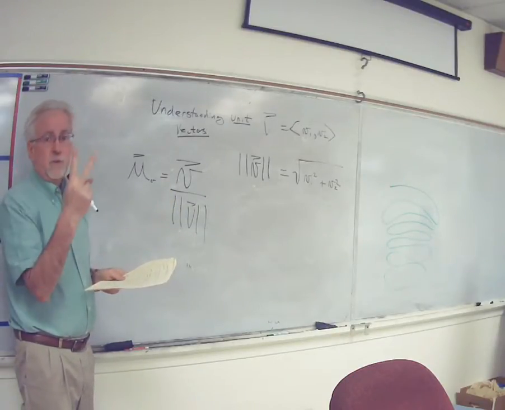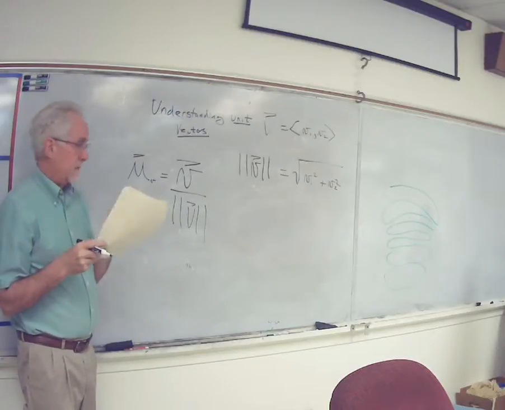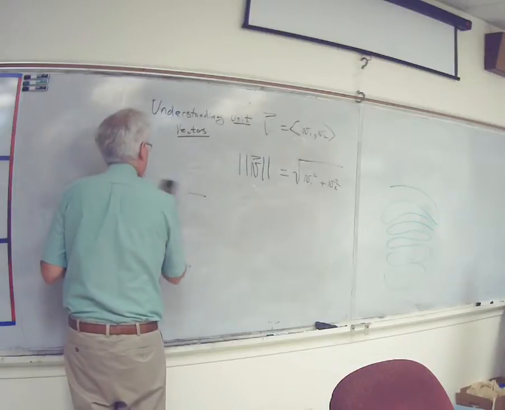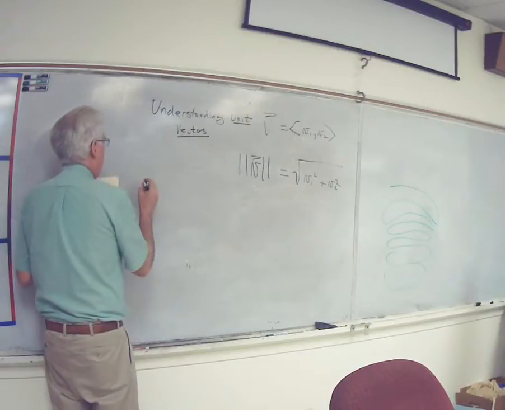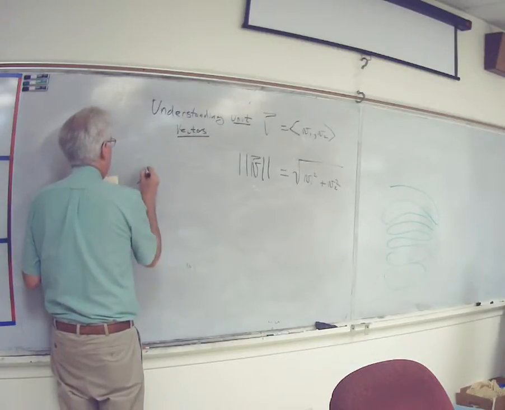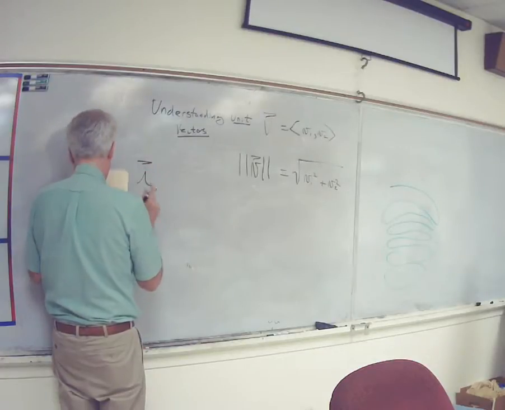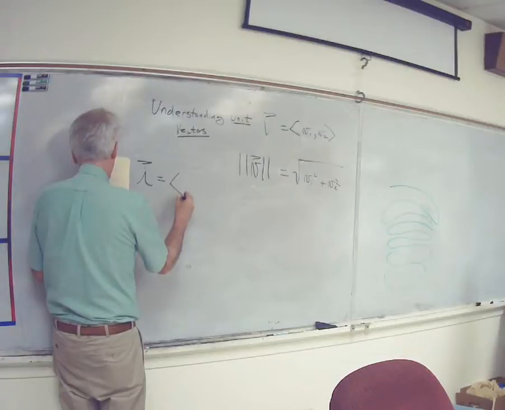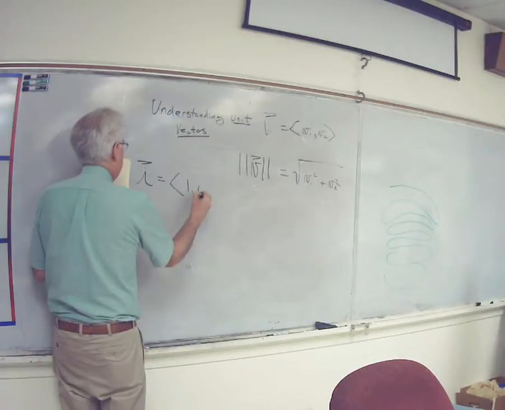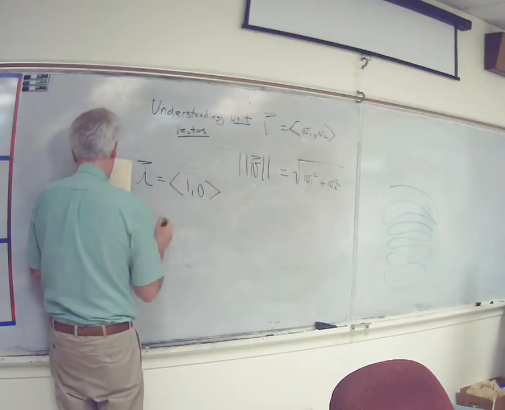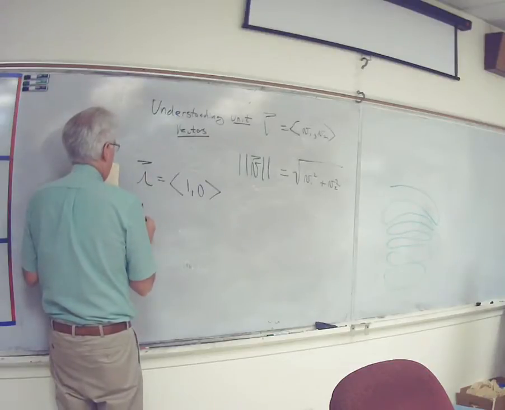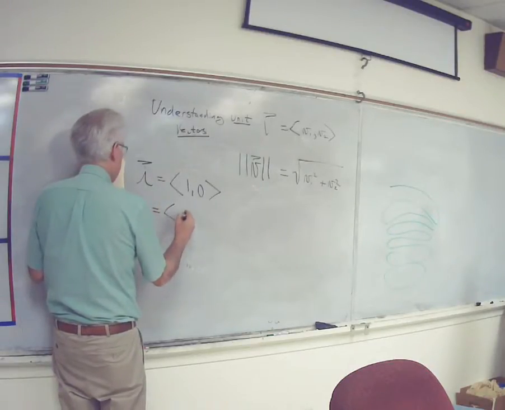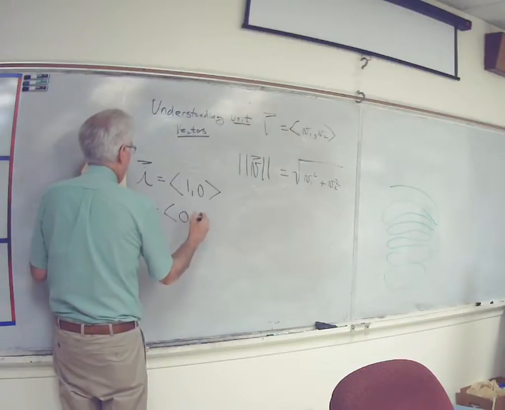We have two special unit vectors. We have the unit vector i, and that is equal to the vector 1, 0. And we have the special unit vector j, which is equal to 0, 1.